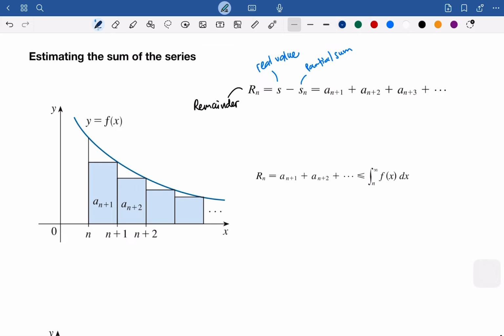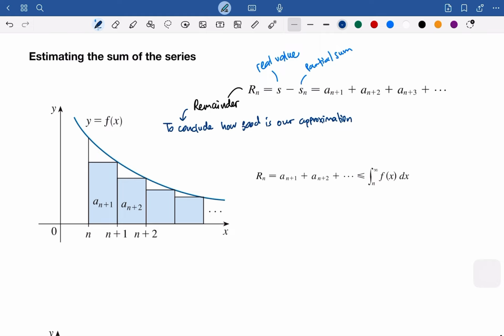So we need the remainder to conclude how good our approximation is. Now, for the first case, let's start with the underestimate.